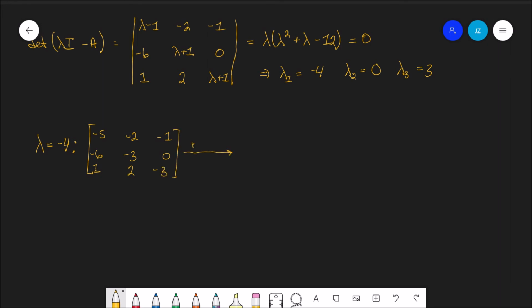So this reduces to the matrix 1, 0, 1, 0, 1, negative 2, and 0, 0, 0.